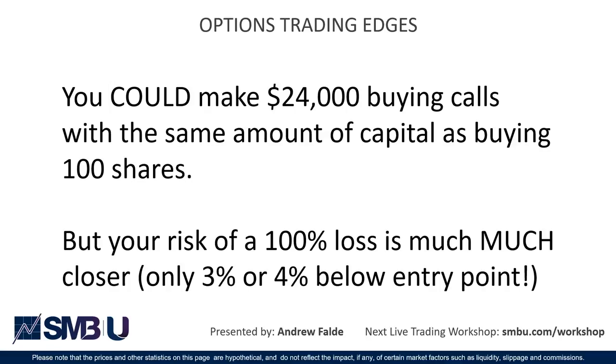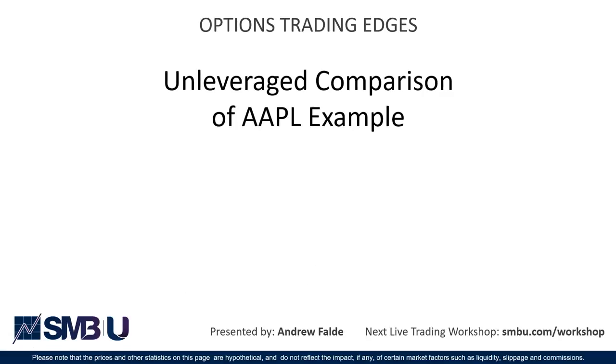And you can have a huge drawdown by being just a little bit wrong at expiration. You can lose 100% of your account if the market were to only drop 3 or 4%. Because remember on that call profile, it was just slightly below is where your total risk was.